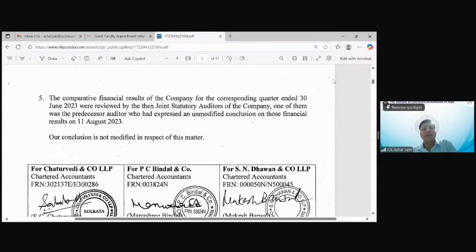Then the last part is about the financial information. Again, comparative financial results of the company for the corresponding quarter were reviewed by another auditor. So something that you have in case of other matter paragraph in the audit report. So there again, because the previous quarter was reviewed by somebody else, auditor is just simply clarifying that.